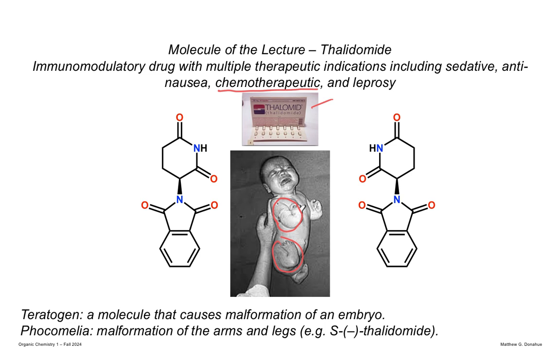So any drug that produces a malformation in an embryo is called a teratogen. And the specific defect for thalidomide was phocomelia, and I think they call it seal limbs, like your arm, the arms don't grow out, they're sort of like not developed properly.